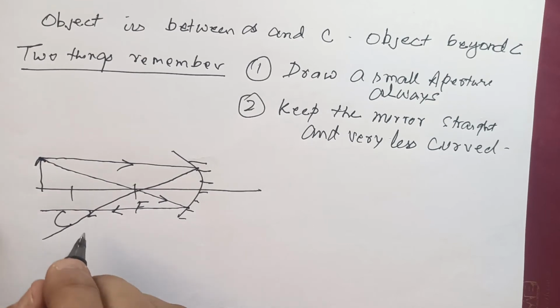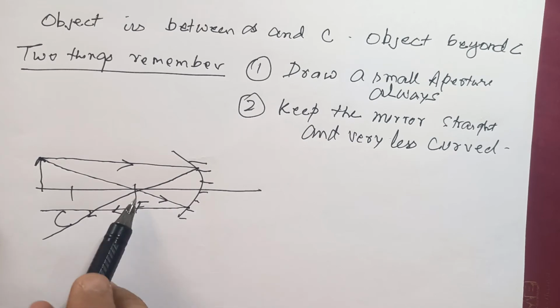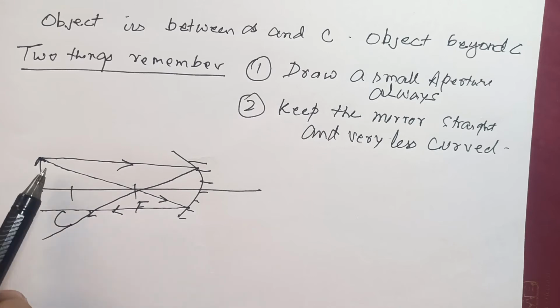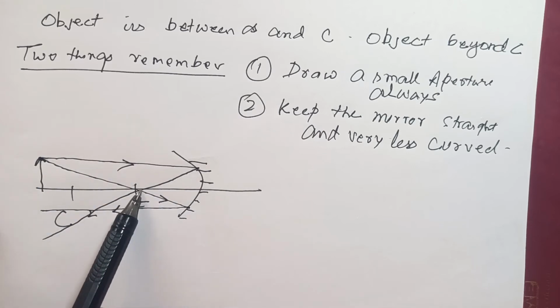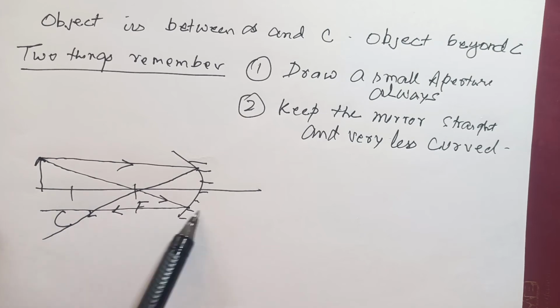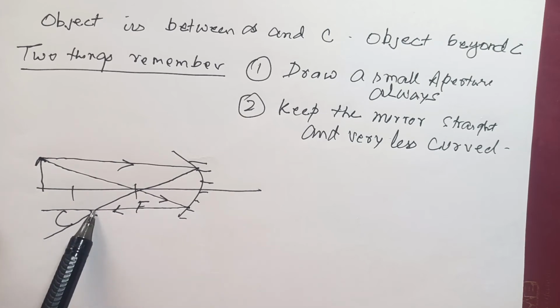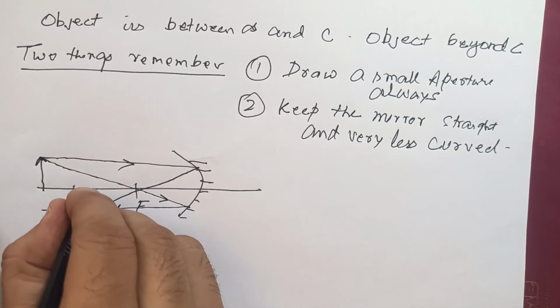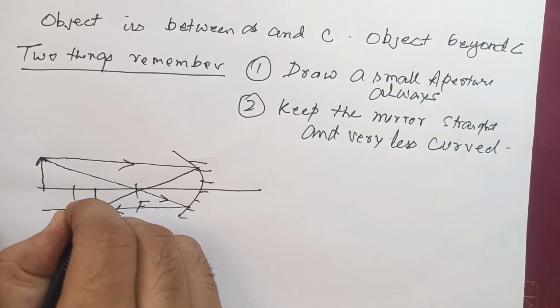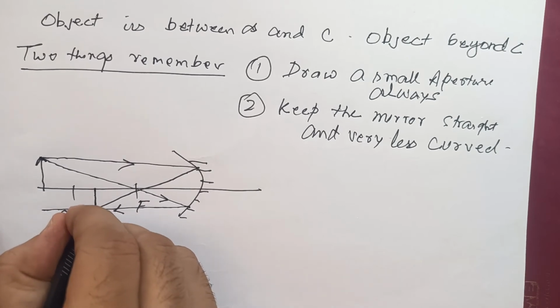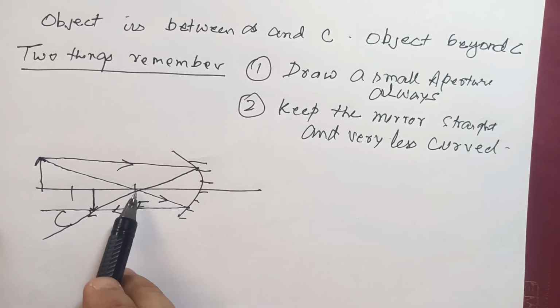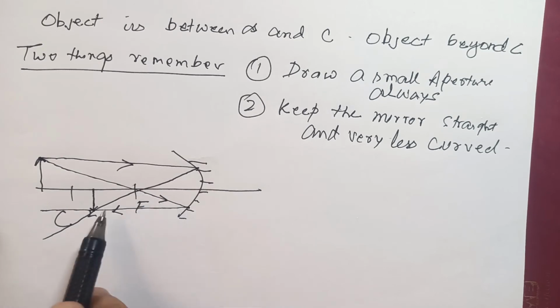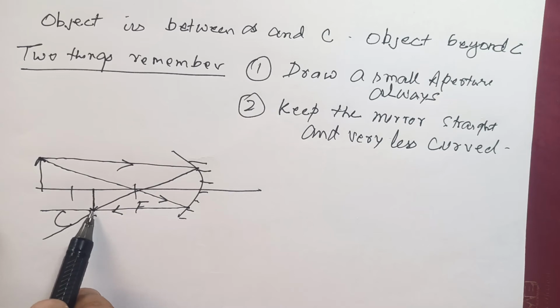Now remember, where are these two reflected rays meeting? The first reflection is here, and second is there. Both are meeting here. They meet here also, but it is not the reflected one. The reflected meets here. Remember this.